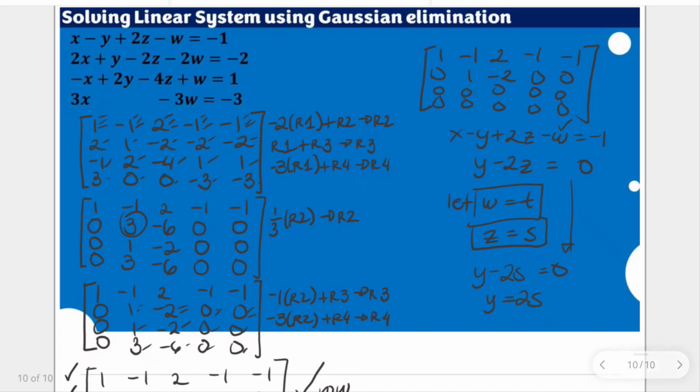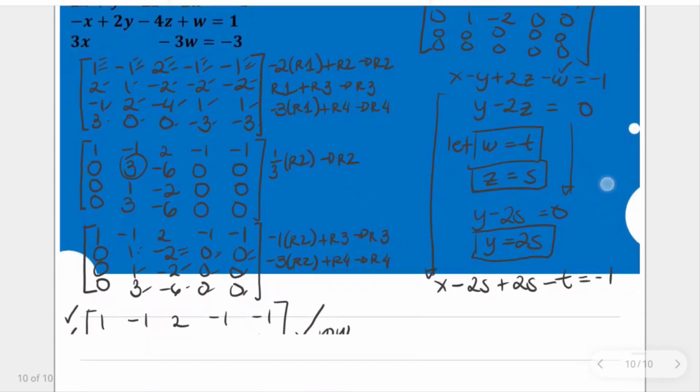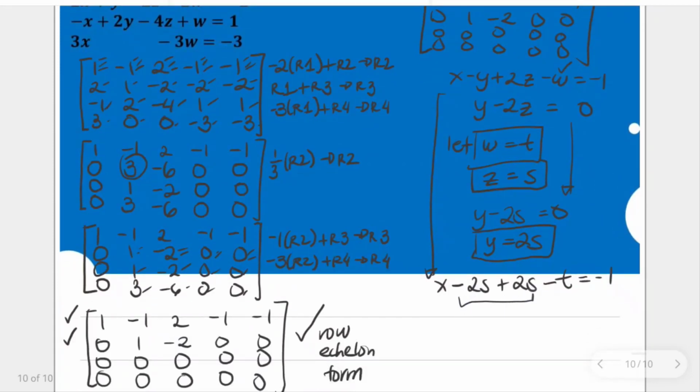y is 2s. And finally, for our first equation, you will have x minus y, which is 2s, plus 2z. So 2z is 2s as well. And then minus w, which is t, equal to -1. This is of course 0. So x is now equal to -1 plus t.